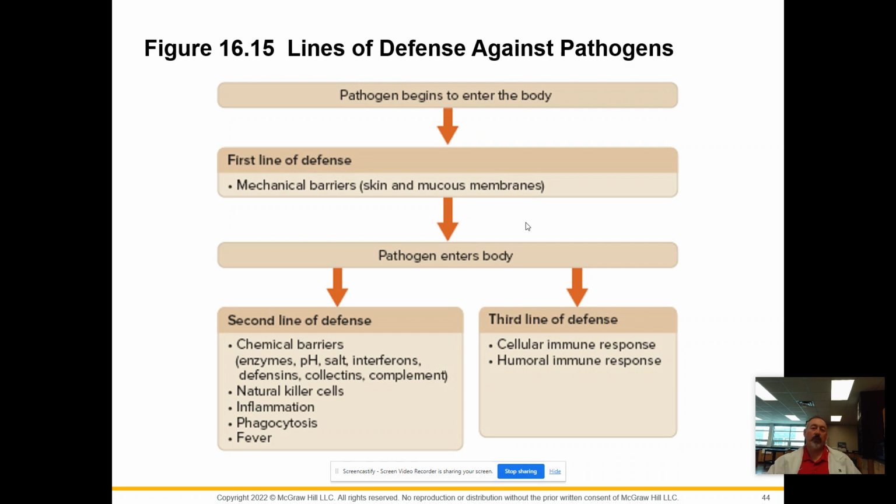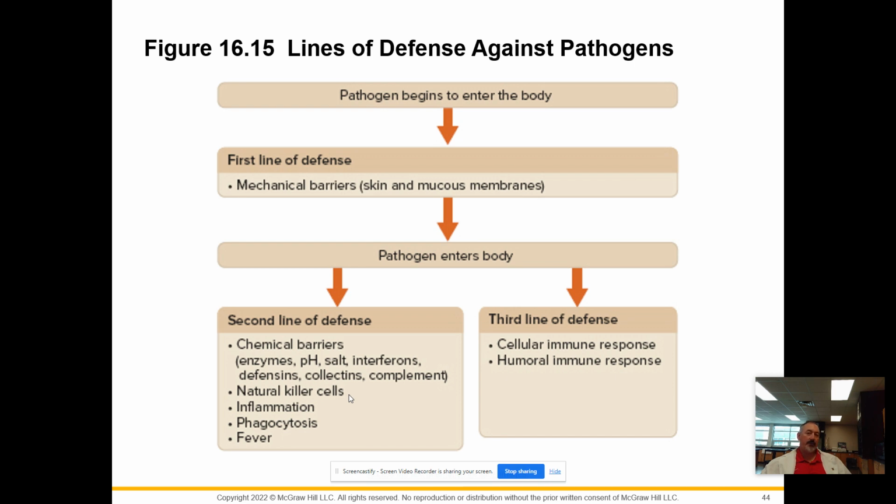Here's our overview of the lines of defense. Here a pathogen begins to enter the body. It comes to the first line of defense, which is our skin and our mucous membranes. It prevents most things from getting in, an unsung hero. If the pathogen gets past that, the next thing is the second line of defense, where we have chemical barriers like the enzymes in our skin, the pH of our skin, salt, interferons, defensins, collectins, and the complement system, along with some cells like the natural killer cells, inflammation, phagocytosis, and even fever to help with the second line of defense.